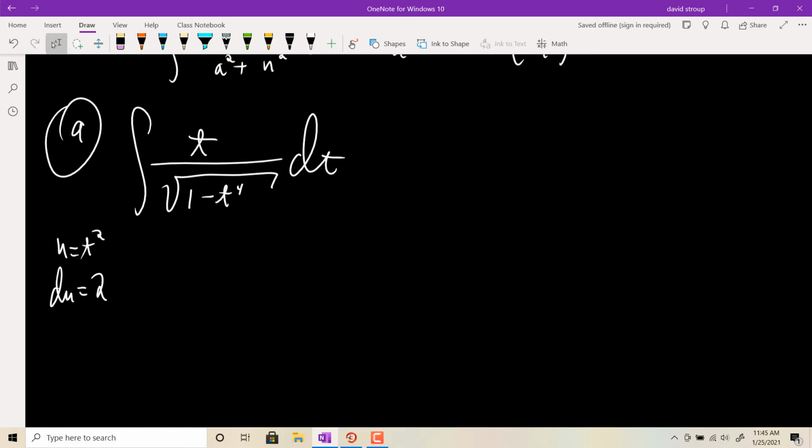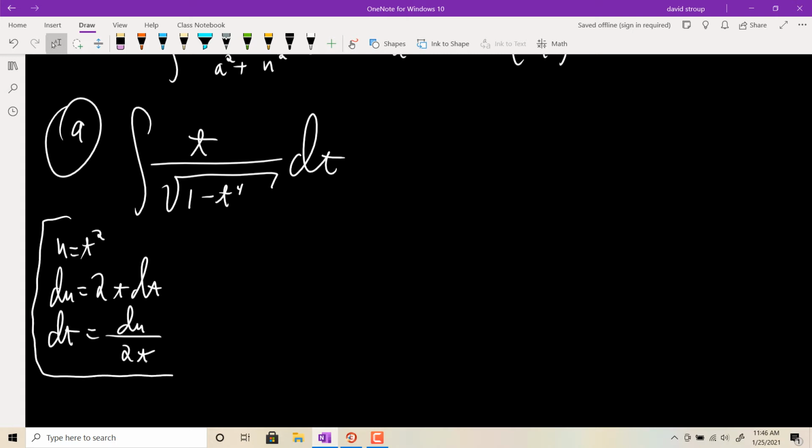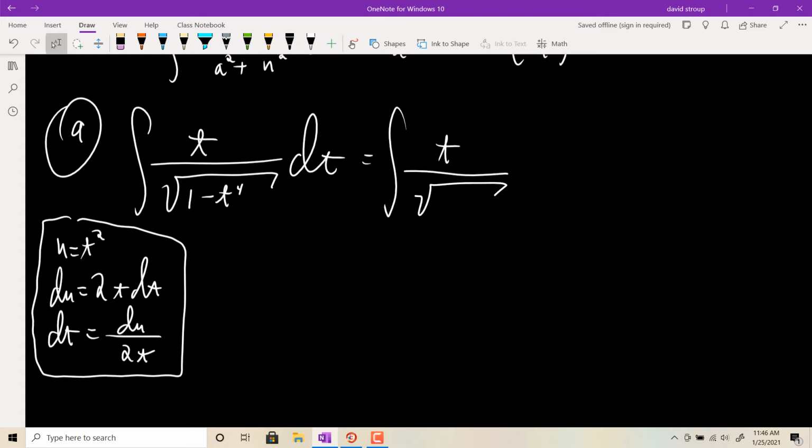That's the idea. 2t dt, getting the differential, and then dt is du over 2t. That'll cancel out the t in the numerator. There'll be a 1/2 constant floating about. So we have t all over the square root of 1 minus u squared times du over 2t.